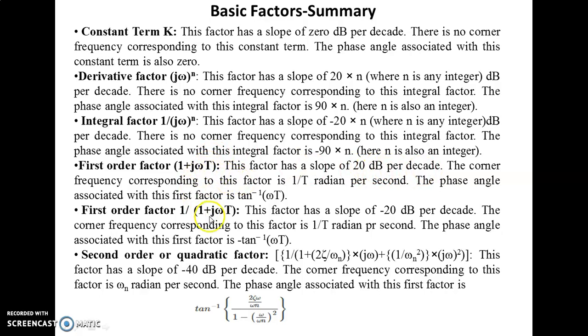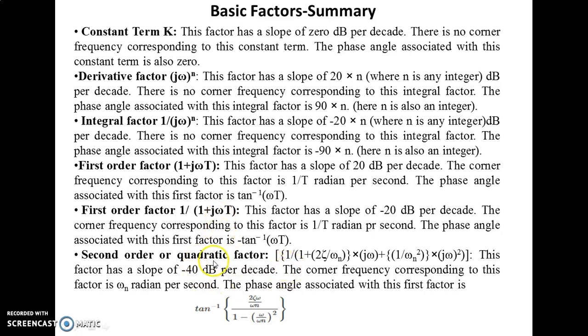If it is a denominator factor, it has minus 20 dB per decade. The corner frequency is where omega equals 1 over tau radians per second. The phase angle is found the same way: if it is the numerator, tan inverse omega tau by 1; if it is the denominator, minus tan inverse omega tau by 1.